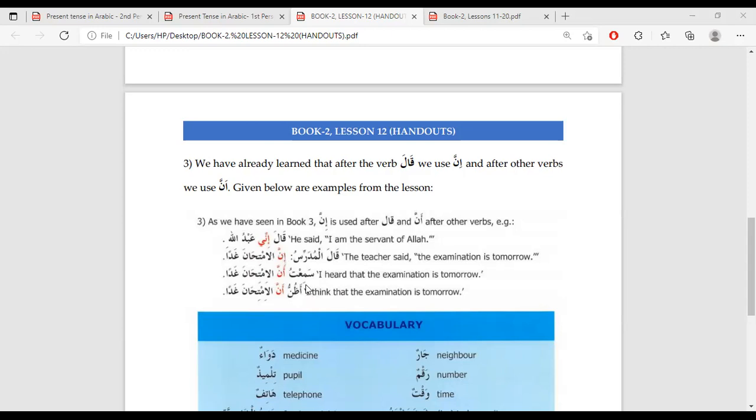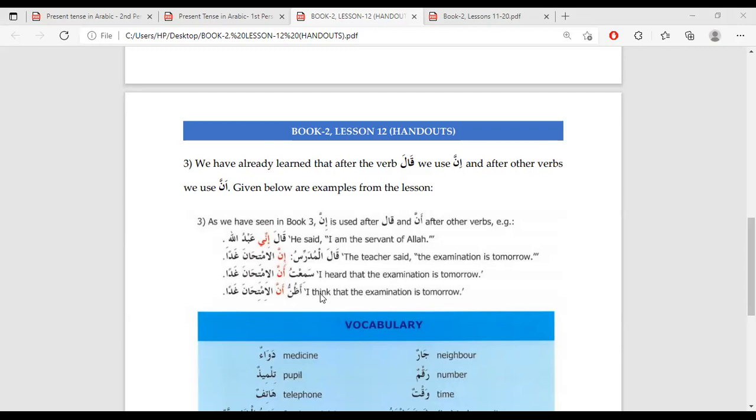For example, سمعت أن الامتحان غدا. I heard that the exam is tomorrow. أظن أن الامتحان غدا. I think the exam is tomorrow. And the example that we discussed about the use of anna, do you remember that example? أشهد أن محمدا عبده ورسوله.